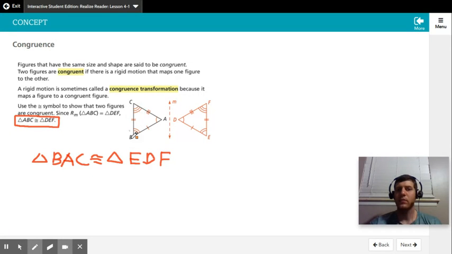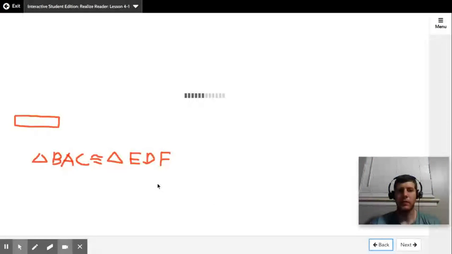So there's 6 different ways you can write the first one, but then in your congruent statement, you have to match it up appropriately based on the corresponding parts. Okay, so let's go back to our example and then look at what that's saying.